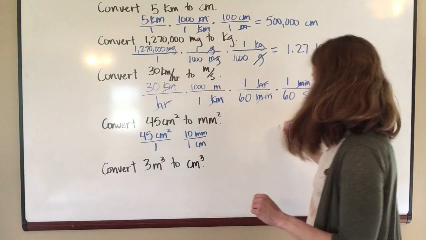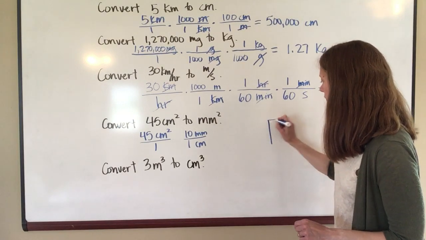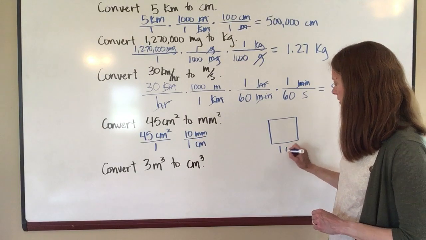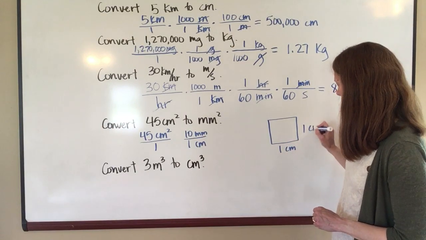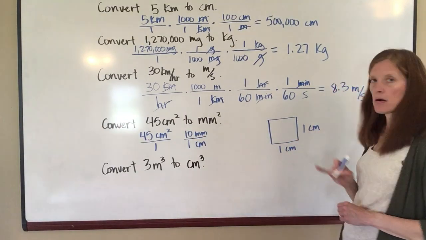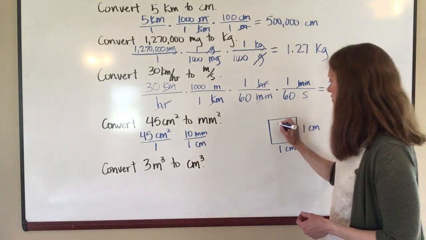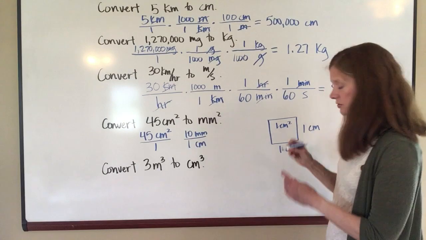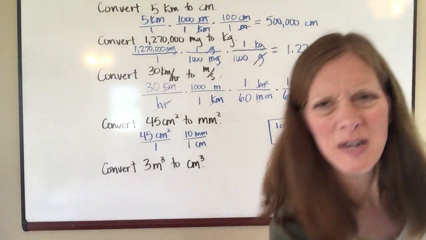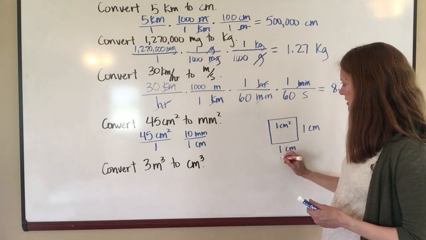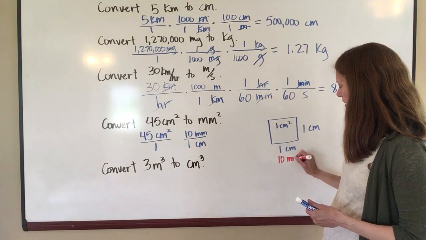Let me show you something. If I have a box that is 1 centimeter on a side, what's the area of that square? Well, 1 times 1 is 1. So this has an area of 1 square centimeter. But how many millimeters are on a side? Well, 1 centimeter is the same as 10 millimeters.